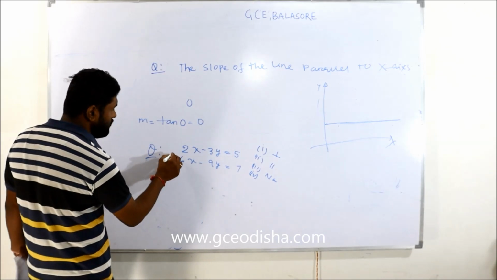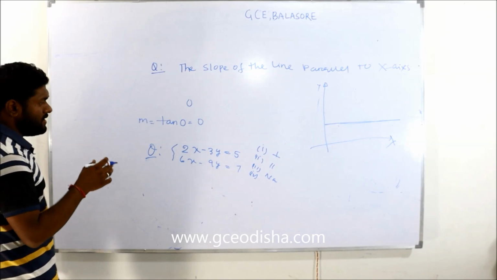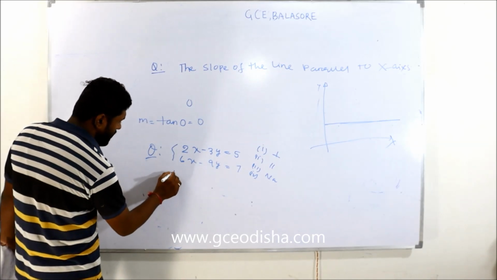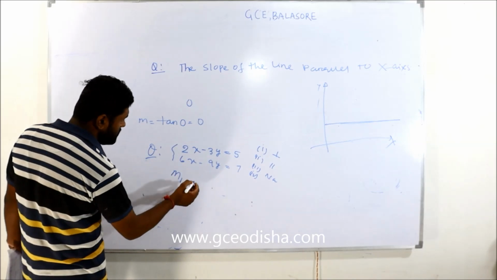In order to find that relation, first find the slope. M1 is equal to, how much will M1 come?